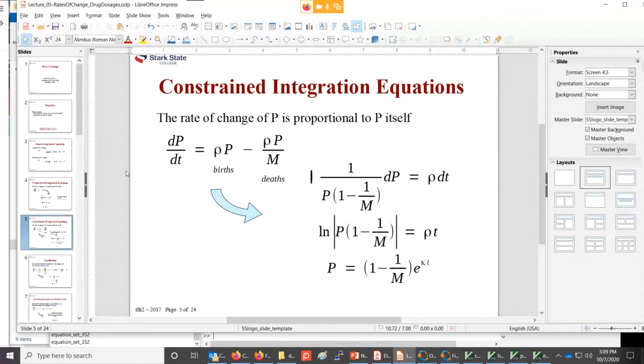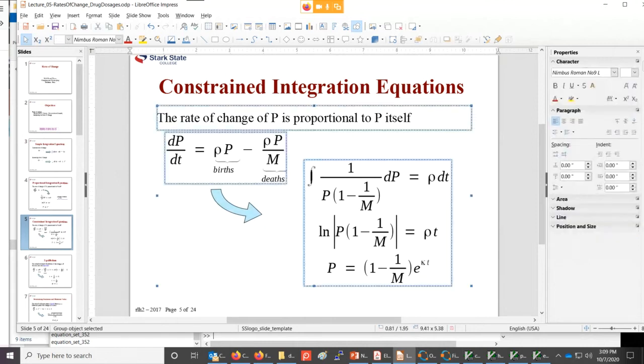However, if this p really truly represents a population, then what's going to happen is there's going to be a death somewhere along the way that is going to cancel out the amount of growth. So this shows us this equation here.